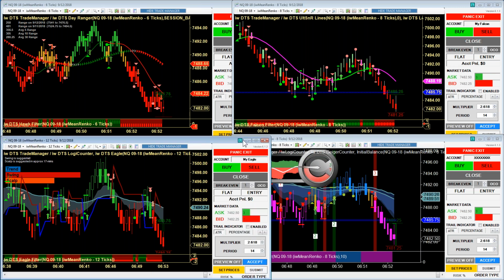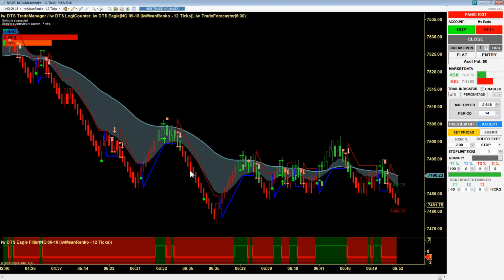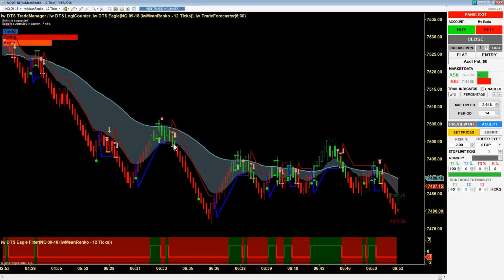Also kind of reinforces that earlier trend idea, right? The market's paying off, or did pay off, to the short side. Therefore, it seems reasonable to stay short.